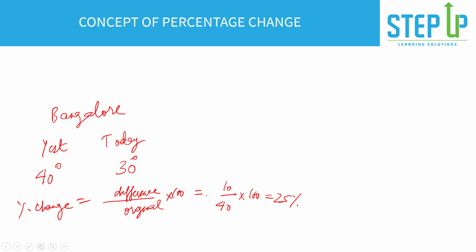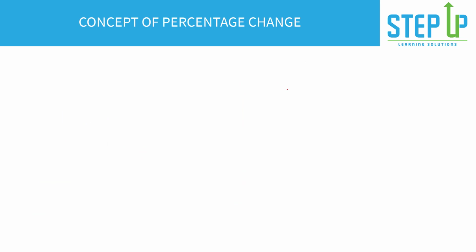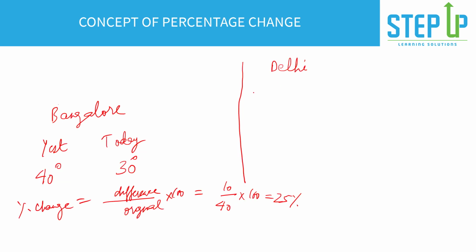Now, one thing that is important to note is the base. If I take another city, let's say Delhi, and we are discussing yesterday and today's temperature, and now it has increased from 30 degrees to 40 degrees, the question is, what is the percentage change?